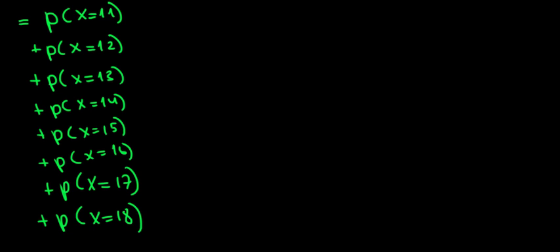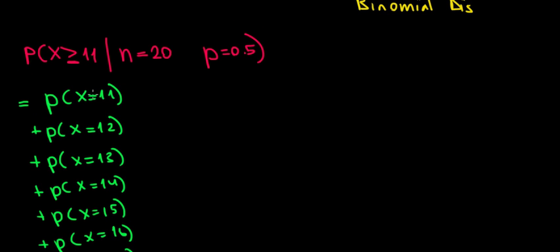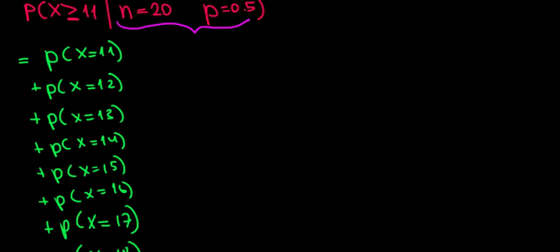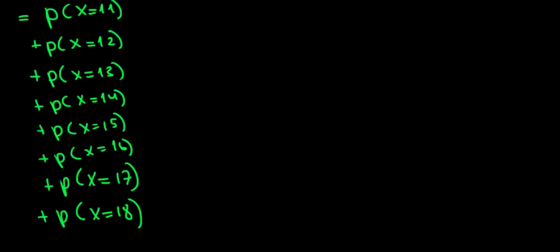And once again, one thing to keep in mind, we take into account that we're checking for the sample of 20 with a proportion of 0.5. So these values are going to add up to the following. Here we have the probability of x being 11 is 0.1602 plus the other one, x equals 12, is 0.1201.